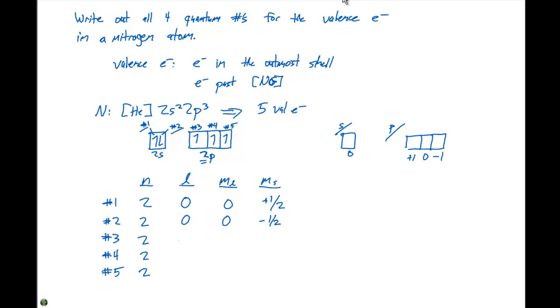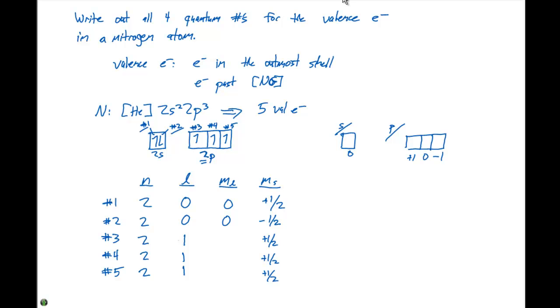So remember that the L quantum number is always going to be 1 for the p orbitals. So each of these is going to have an L value of 1. Each of these electrons are all spin up, so we're going to have a plus 1/2 spin for each of these 3 electrons.